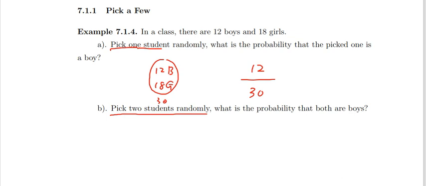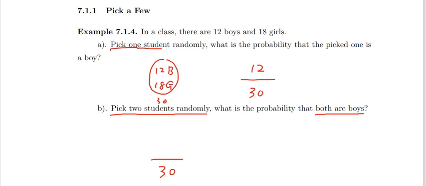So we can consider those problems that pick one by one. So first one, pick first one, we have 30 total possible ways. So among 30, so what is probability? We want to find the probability that both are boys. So this means that if we pick two, one by one, first one is a boy, second one is also a boy.